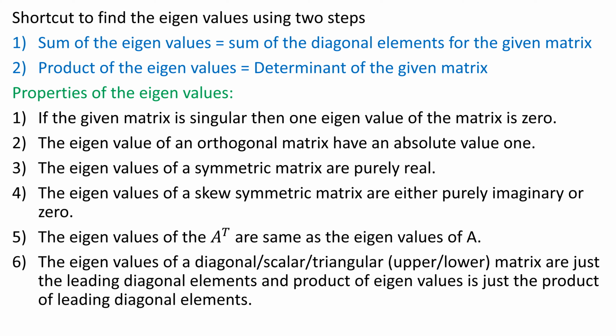In case some complicated 3 by 3, 4 by 4 or 5 by 5 matrix is given, and you are not able to identify the eigenvalues using the first step itself, that is, the sum of the eigenvalues equal to the sum of the leading diagonal elements, then you need to make it an upper triangle or lower triangle matrix in order to simplify and get the answer.